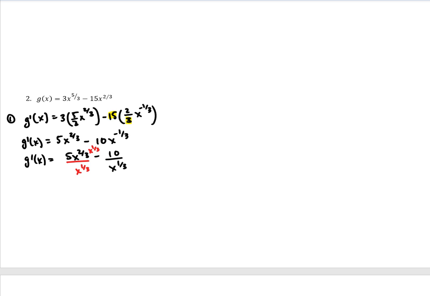That way we get a common denominator, so it's x to the 1/3 down below. And up top, that 5 is still there. When these multiply, the x to the 2/3 times the x to the 1/3, remember, all it is is adding the powers to each other. So 2/3 plus 1/3 would be 1.